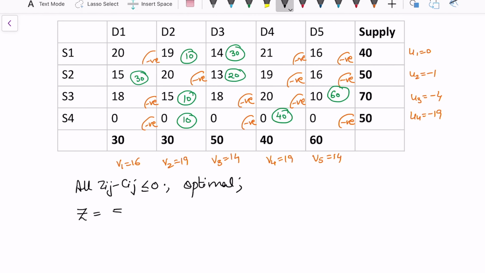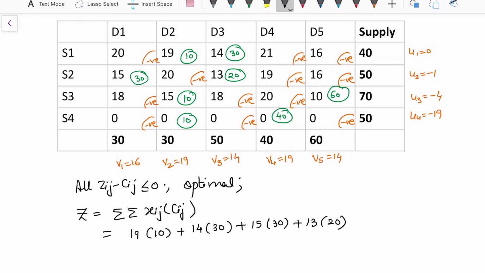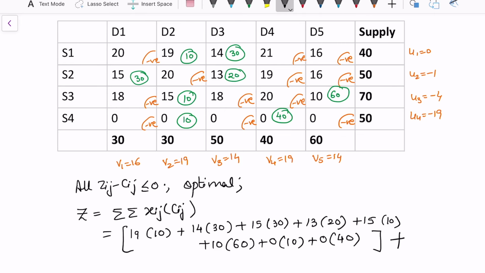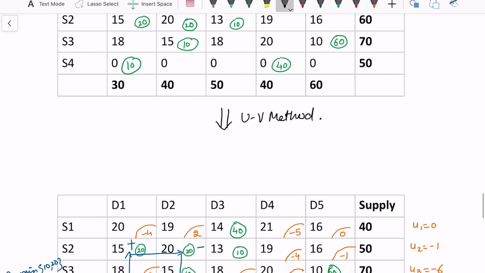So Z is the allocations multiplied by the relevant costs. Looking at the allocations: 19 into 10 plus 14 into 30, then 15 into 30, and then plus 30 into, the allocations are the green circled quantities, 15 into 10 plus 10 into 60 plus 0 into 10, the last row, plus 0 into 40. That is the m plus n minus 1 basic cells. But in addition to that, we have already given 10 units. Remember, we gave at least 10 units at the start of the problem.